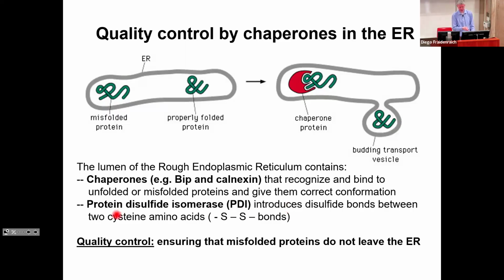So protein disulfide isomerase helps to make interaction of cysteine amino acids, which could be hundreds of amino acids apart. Proteins, once they are synthesized, may form loops, and at the base of the loop, you would see, for example, interaction of these two cysteines.